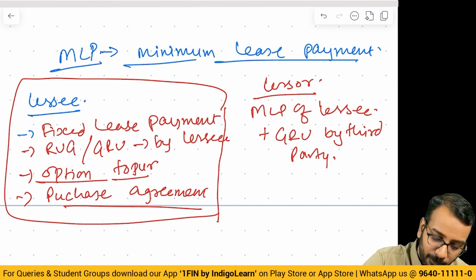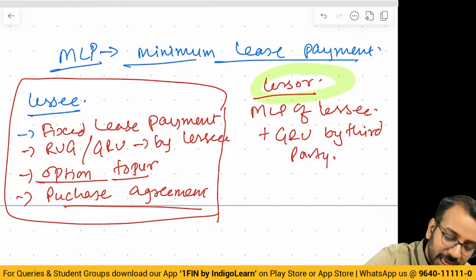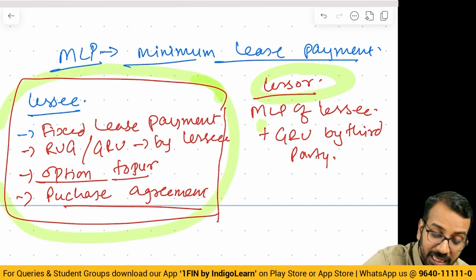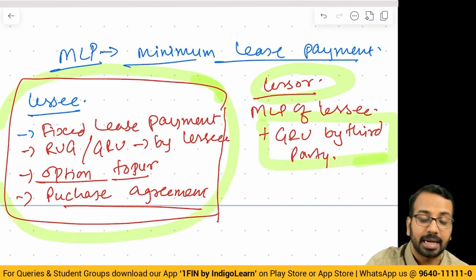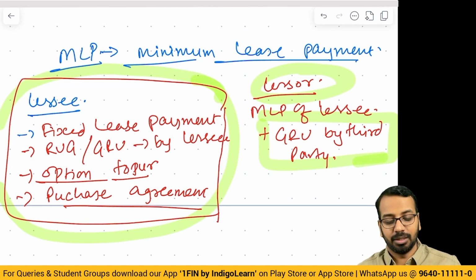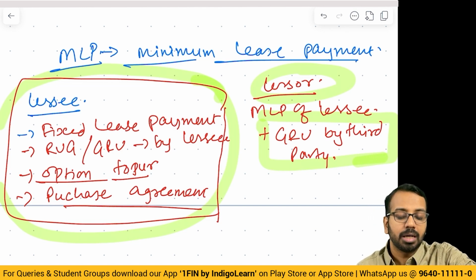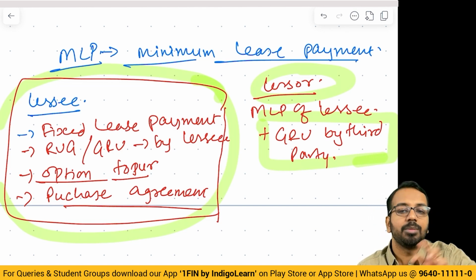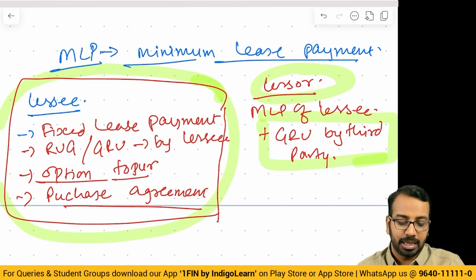As far as the lessor is concerned, he will get whatever he can get from the lessee, plus if some third party has guaranteed, that also we will consider. That is called the minimum lease payment from the point of view of the lessor.